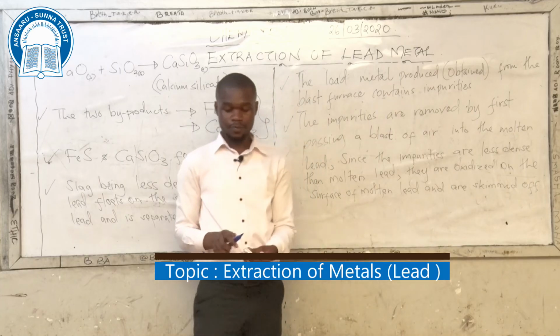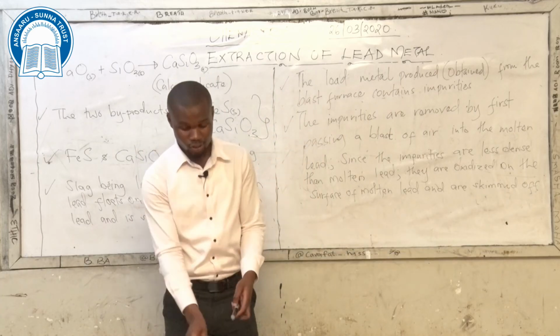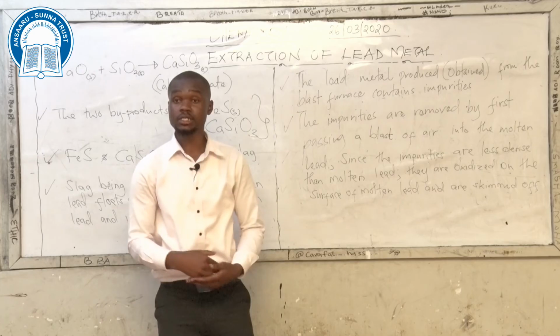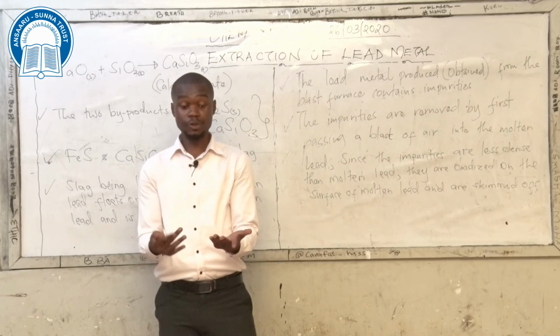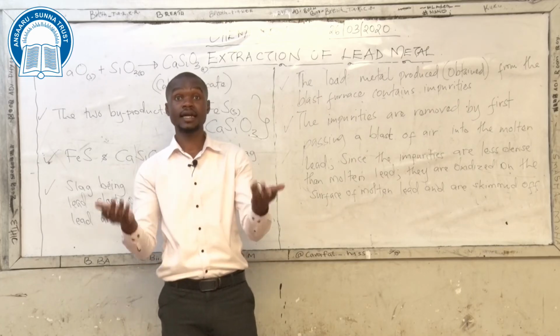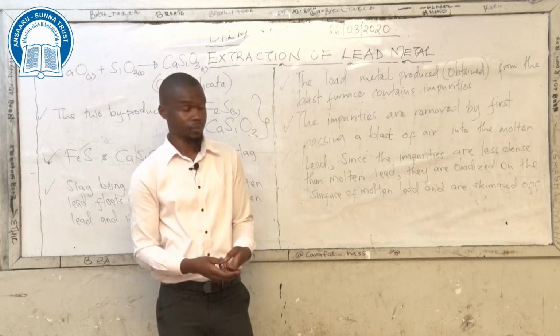So we are seeing the lead metal obtained by this process contains impurities. The impurities are most likely to be carbon.